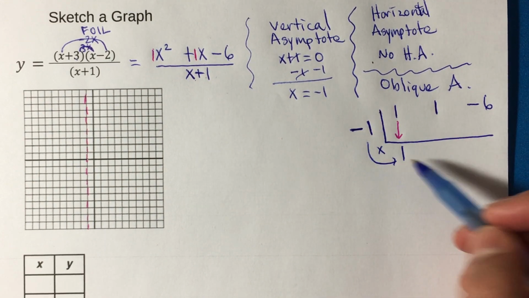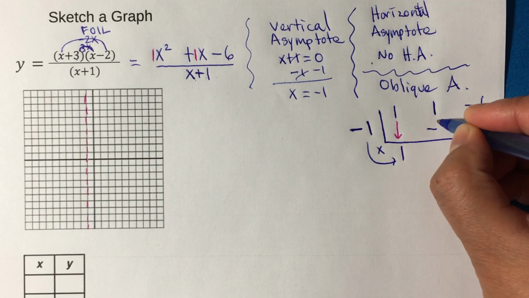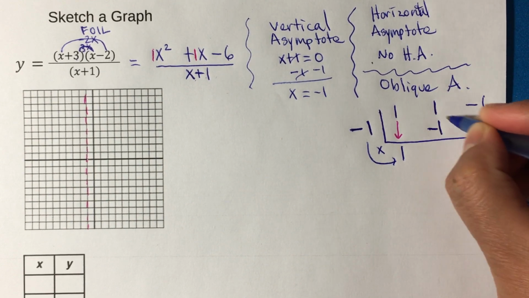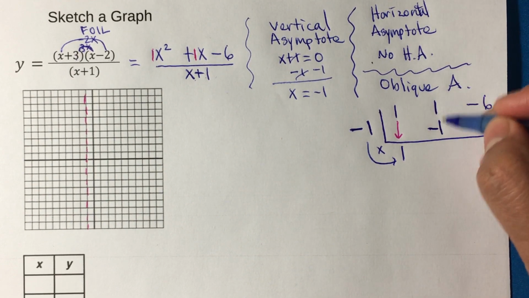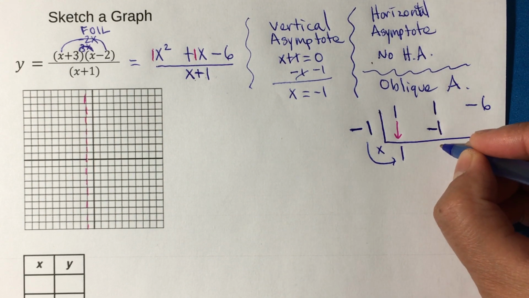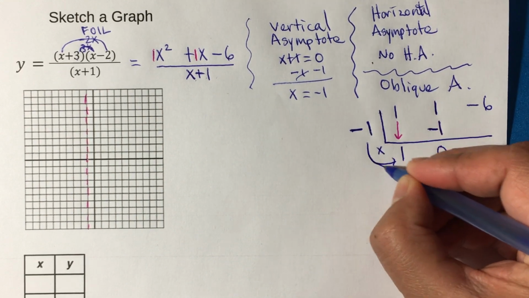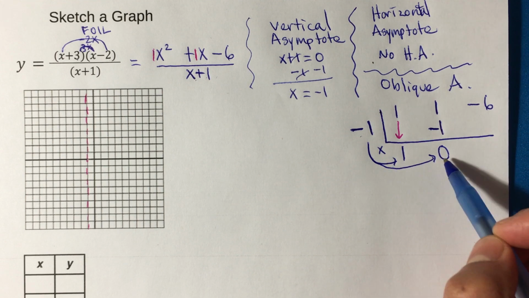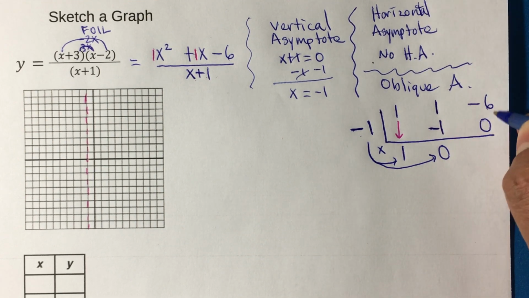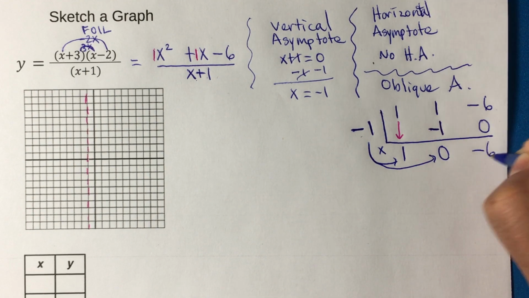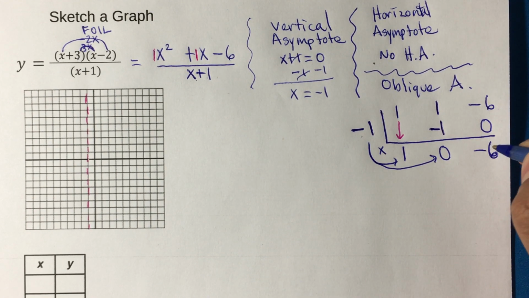So -1 times 1 is -1, and you put it on under the next one. We combine that, and 1 minus 1 is 0. Again, we multiply. -1 times 0 is 0. And combine those, -6 plus 0 is -6. We have a remainder, but we ignore it.